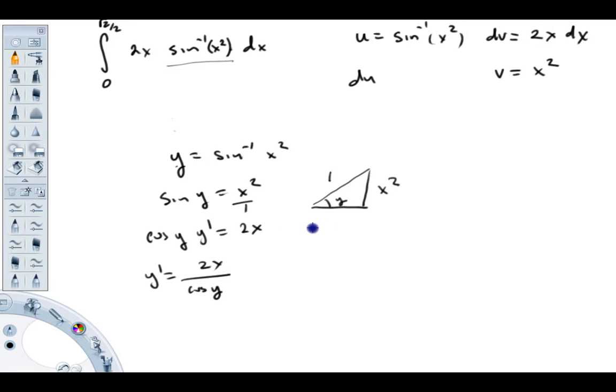That makes this distance equal to the square root. I'm going to take a moment here, call it d, and actually write out the Pythagorean Theorem and be careful with this, where d squared plus x squared squared is equal to 1 squared. So this d here is equal to the square root of 1 minus x to the 4th.